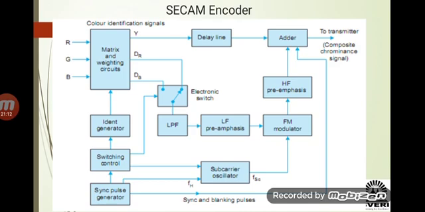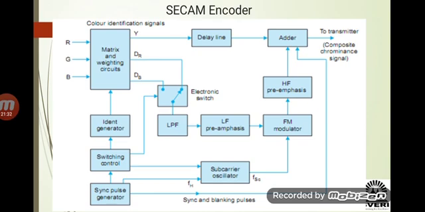But here in case of SECAM, a completely new methodology has been preferred, that in SECAM the audio signal is amplitude modulated, while the video signal is frequency modulated. At the same time, there is one more methodology that has been adopted in the color subcarrier.